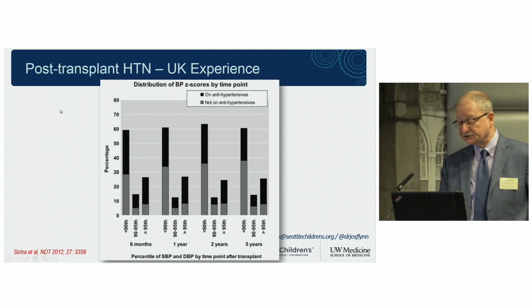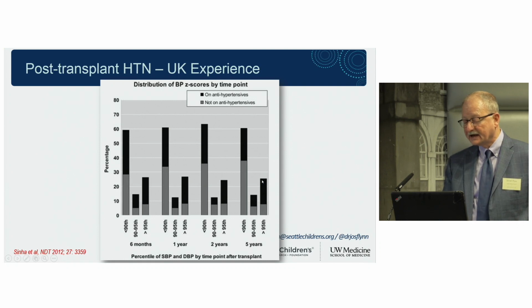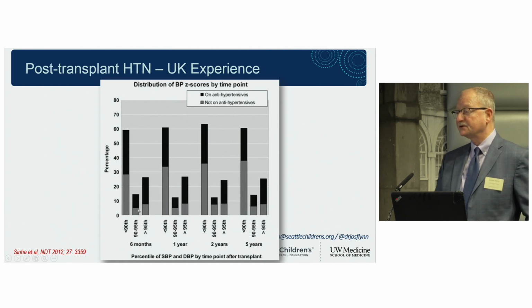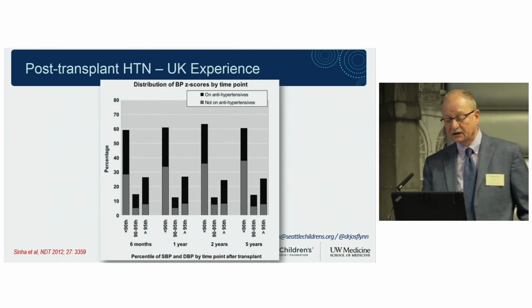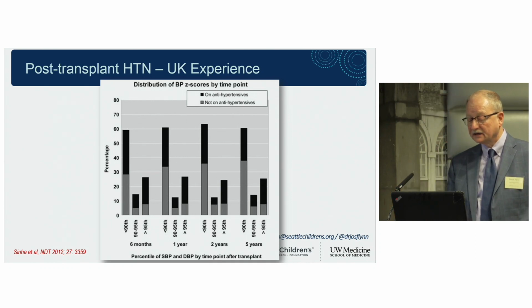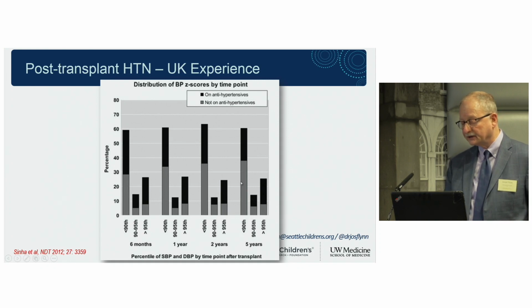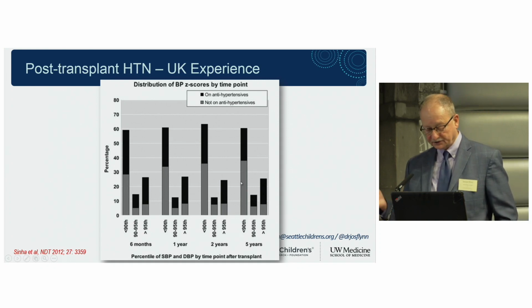And just showing that there is this pesky group whose blood pressure is above the 95th percentile at every time point. And actually, I would say you have two pesky groups, because those above the 90th percentile is probably not good for them either. So you actually have a big number of patients at every time point who have abnormal blood pressure.